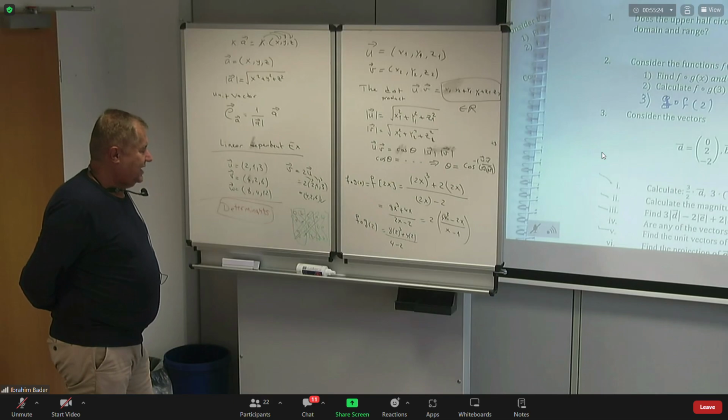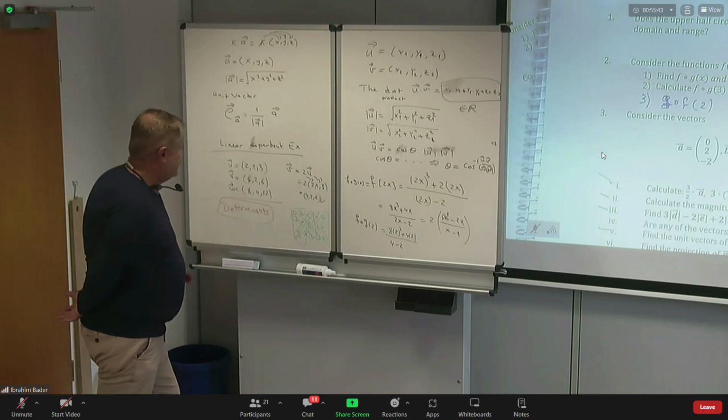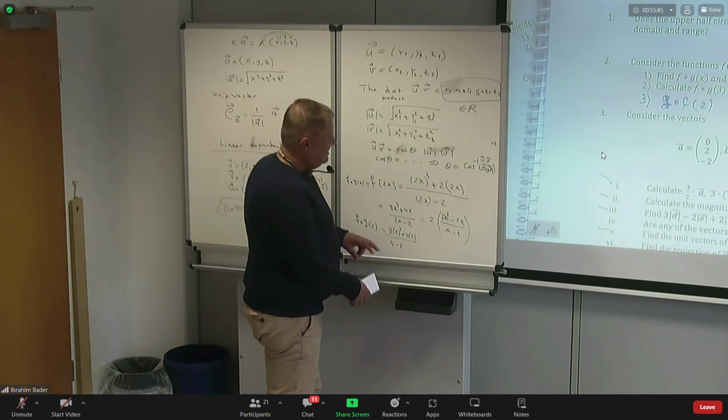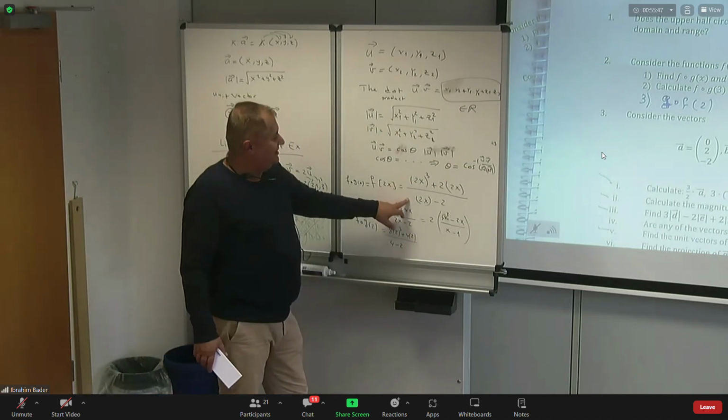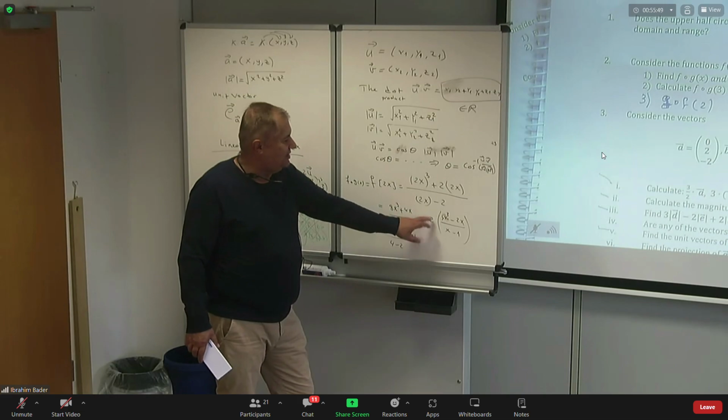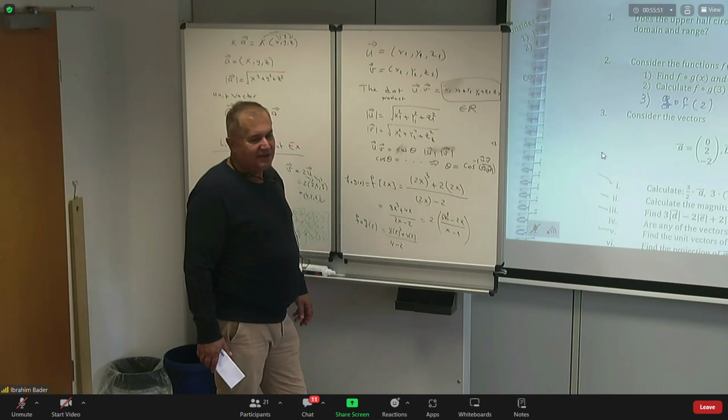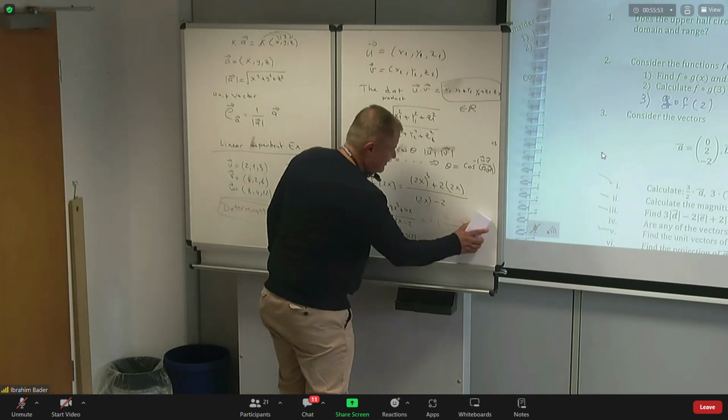So how will you do it then? You just take it for the denominator alone, the denominator alone will cancel out, right? That's right. But if you take a 2 here and a 2 there in the numerator and denominator, it will cancel out. So you're right, in mathematics we usually want to cancel some factors.